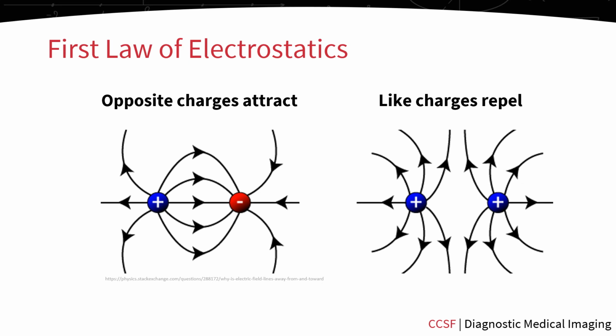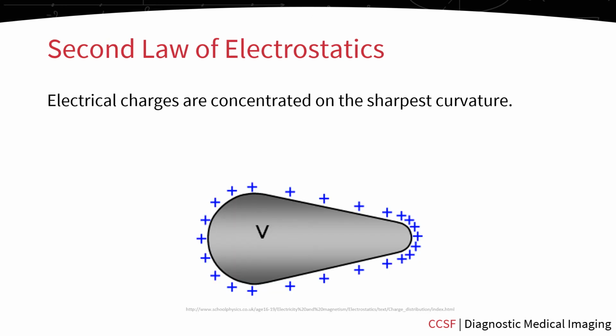The first law of electrostatics is that unlike charges attract and like charges repel. The second law of electrostatics is that electrical charges are concentrated on the sharpest curvature.